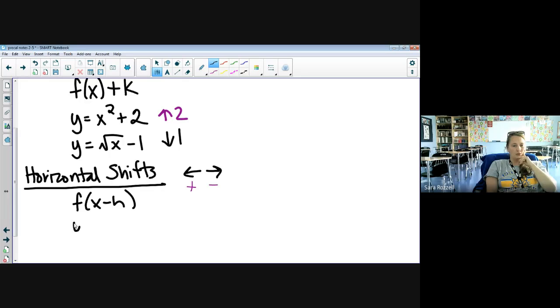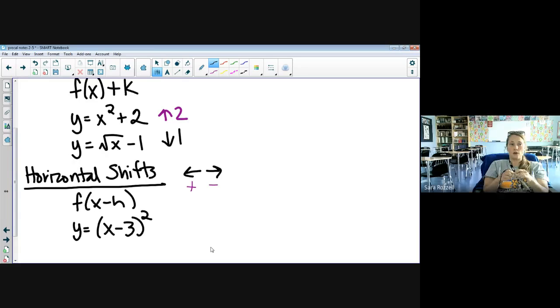Let's say we had y equals x minus 3 squared. This is a parabola, right? Because it's an x squared graph. And let's see, which way is this one going to be moving?